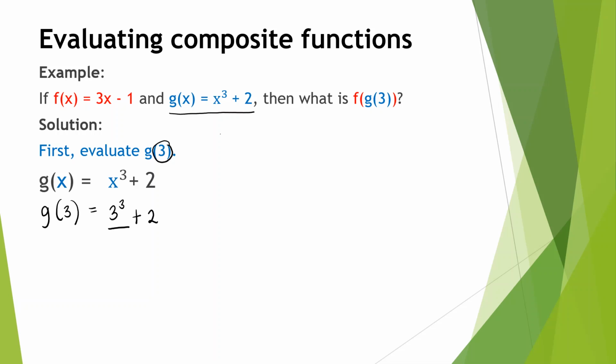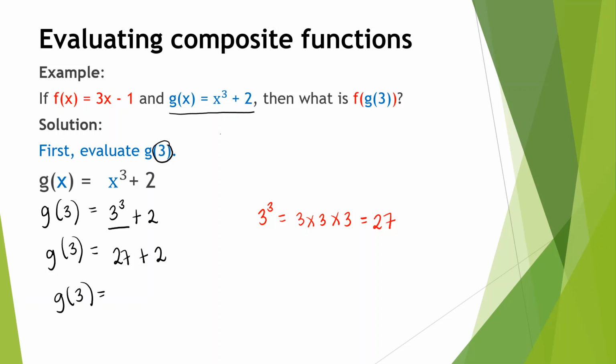Evaluate 3 cubed. 3 cubed is equal to 3 times 3 times 3, which is equal to 27. G of 3 now will be equal to 27 plus 2. So g of 3 is 29.